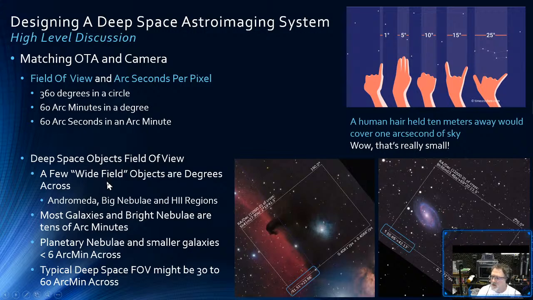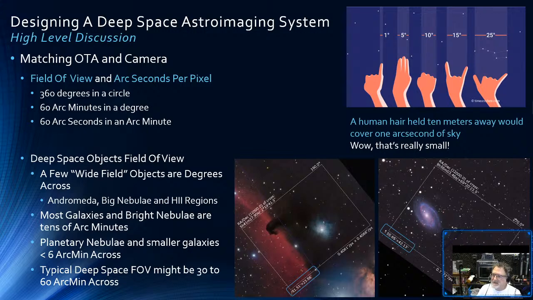The way I like to think about it, again, is focusing on deep space. There are a few wide field objects out there. You think about Andromeda, the big nebula like the Rosette I mentioned before, the North American Nebula, the California Nebula, and some of the H2 regions are pretty big.